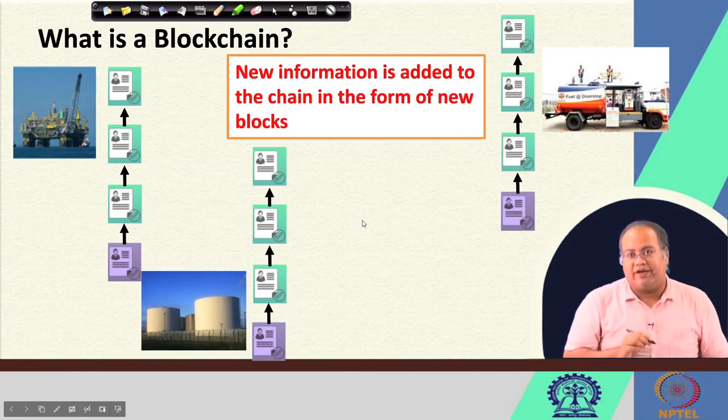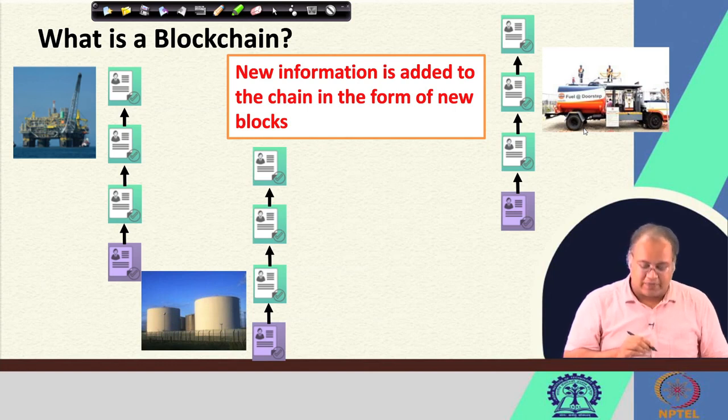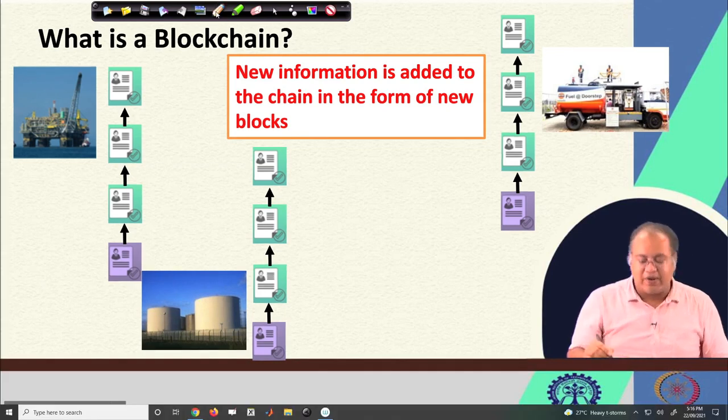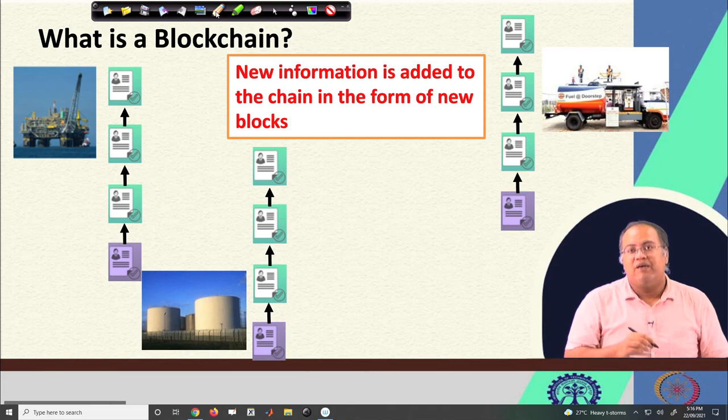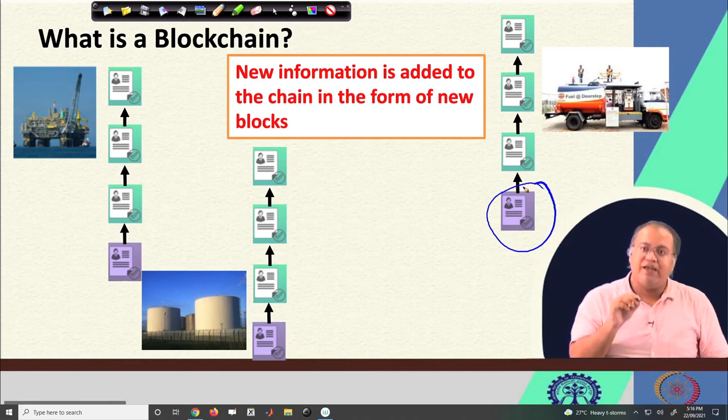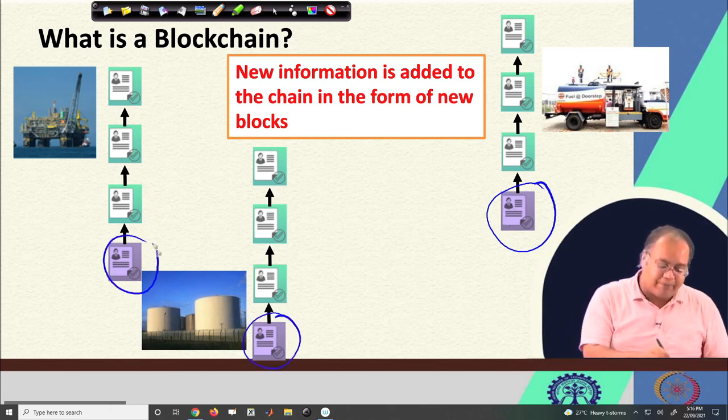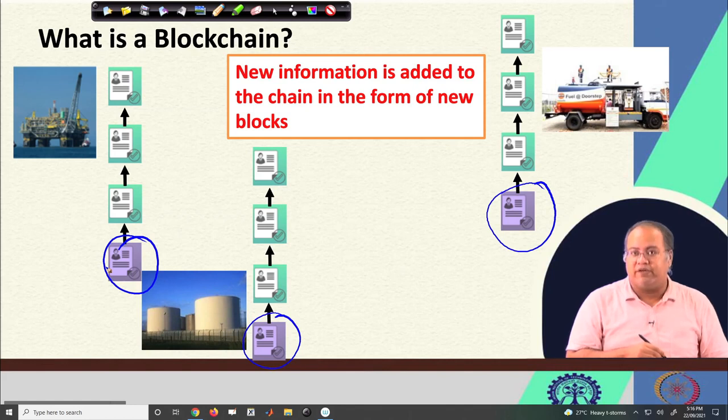Now, why do we call it a blockchain? You can think of it from this particular structure which is being shown here. Whenever we add new information to the existing blockchain, we add it in the form of a block. That means I form a block of information and then apply a certain technique to append this block to an existing blockchain. Whenever I append this block, I ensure that the same block gets appended to all the local copies of the blockchain.